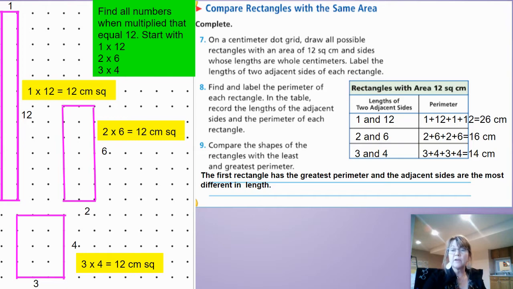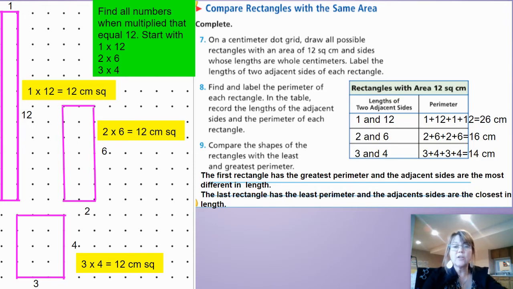Okay, that's one pattern. Our least perimeter would be the last rectangle. It has the least perimeter and the adjacent sides are the closest in length. Knowing these things, you're going to write this down. If you need to pause this to take time to fill in your page, go ahead.